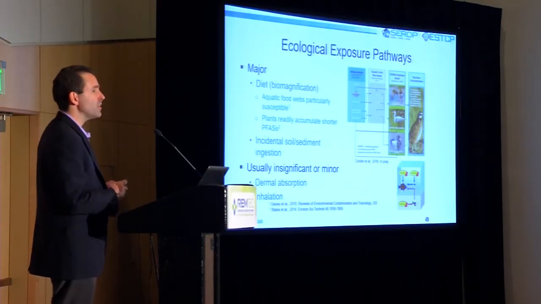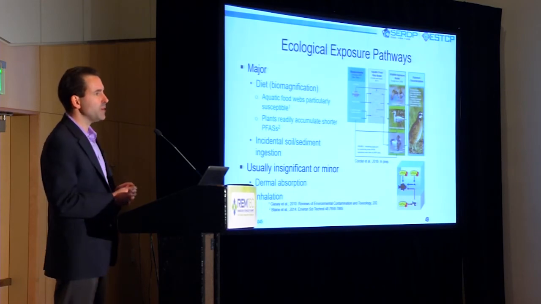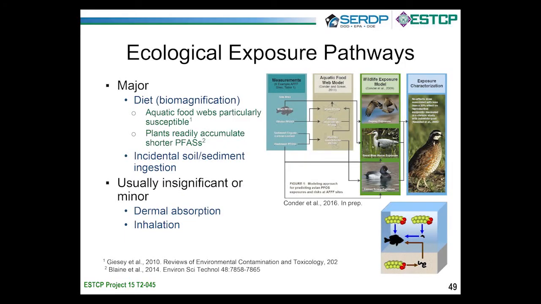Ecological exposures, I'll talk a little bit about that. Many of these contaminated sites have the potential to impact natural habitats where you have fish and wildlife, rivers, streams, creeks, things like that. Again, biomagnification is a big issue, looking at bioaccumulation up the food web. Aquatic food webs are particularly susceptible. You have these compounds that follow the water and may end up in surface water and aquatic sediments.